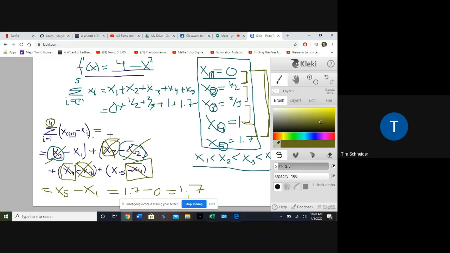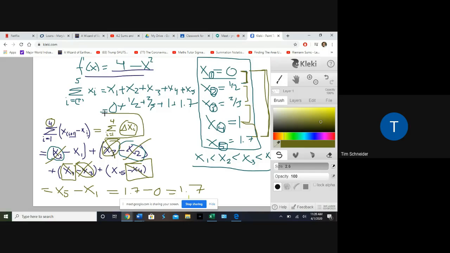One of the ways that we write this, though, is the sigma from i equals 1 to 4 of delta x i. In other words, the change from one x number to the next x number that we have chosen.